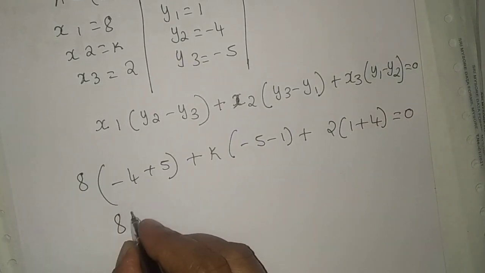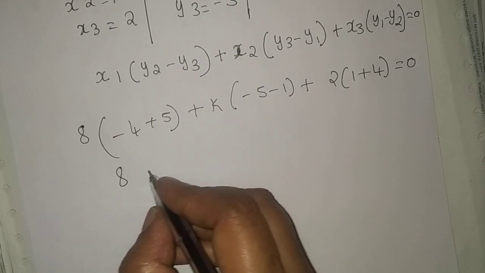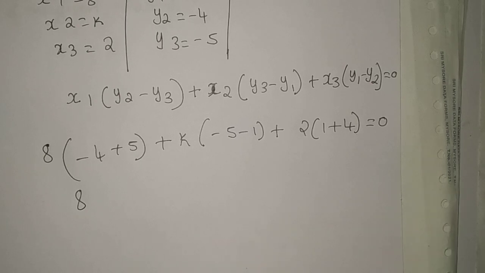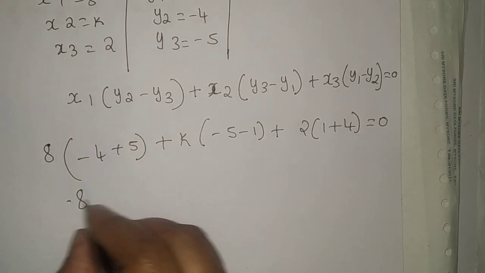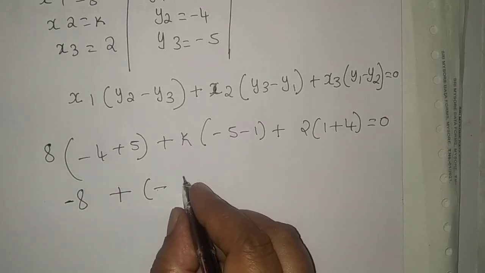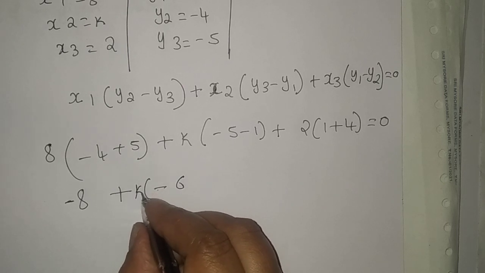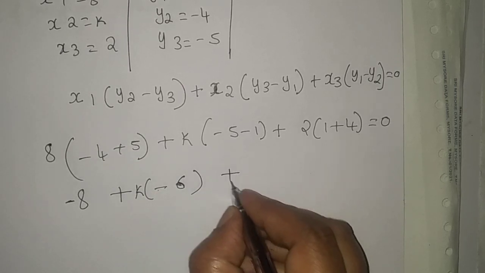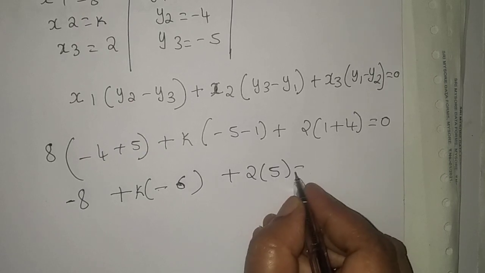Now for the simplification: 8 plus k into -6 plus 2 into 5 is equal to 0.